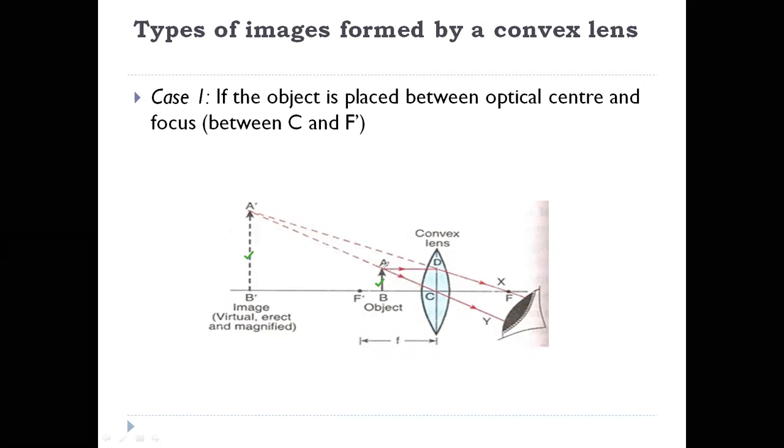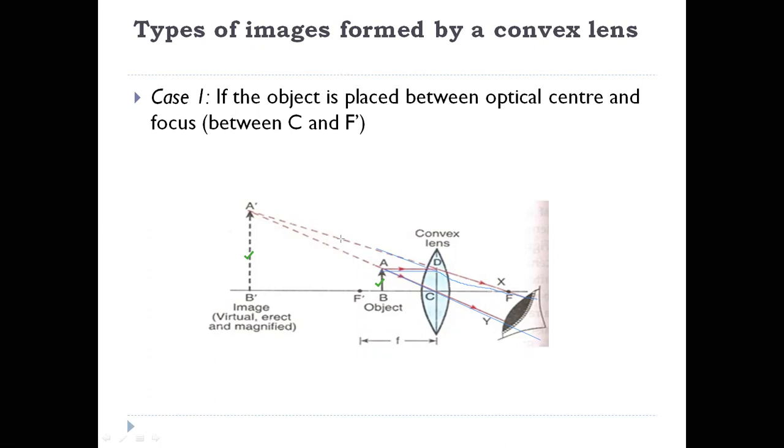Just look, this is an object. The ray of light which is parallel passes through the focus after refraction, and the ray of light which passes through the optical center goes undeviated.